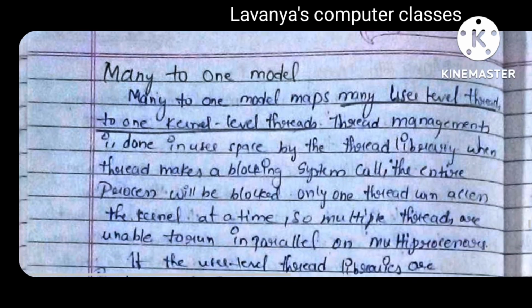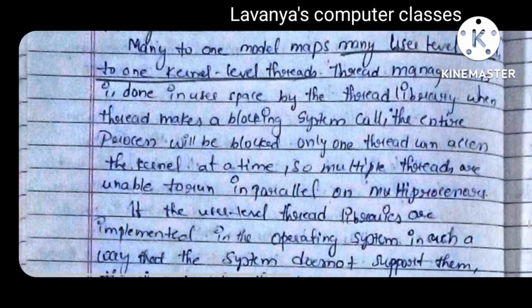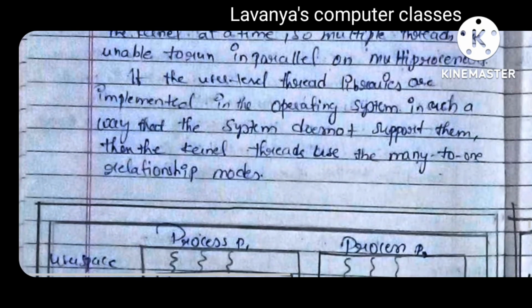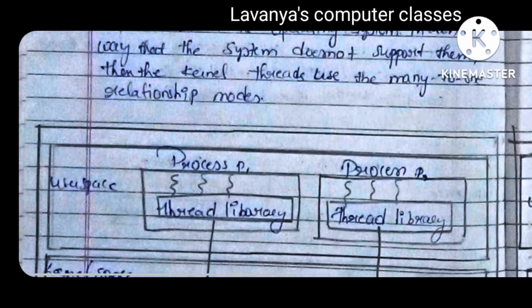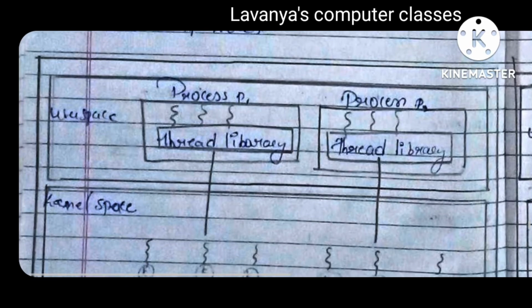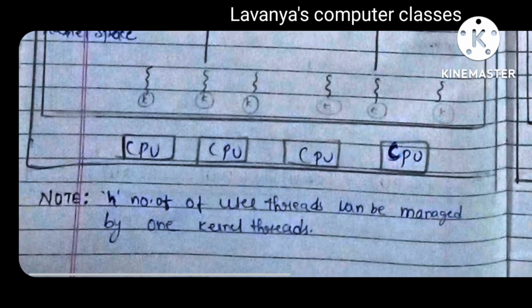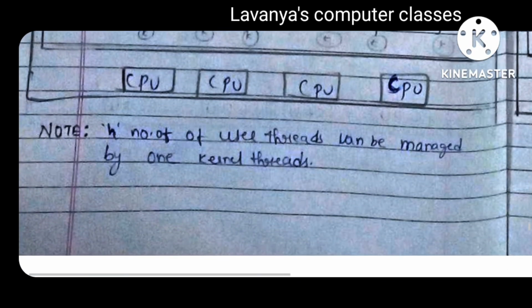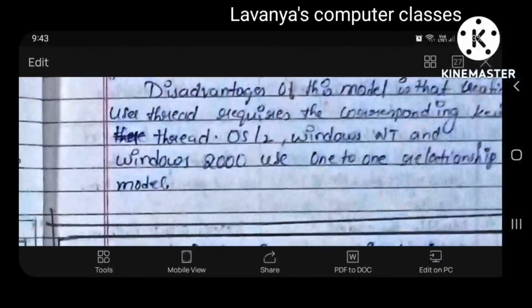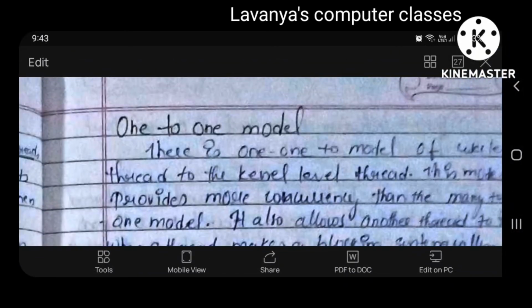Many to one model. Diagrammatic representation of many to one model. One to one model explanation.